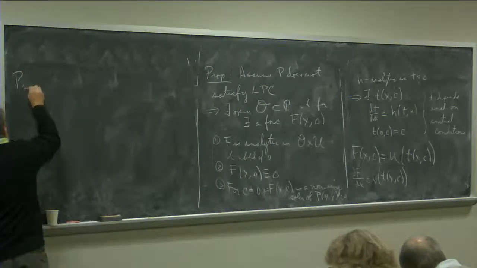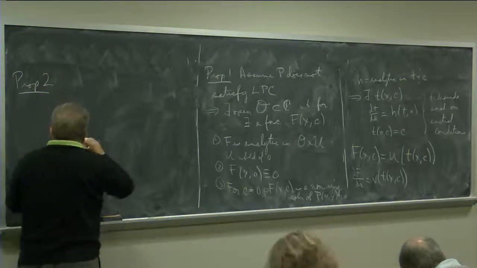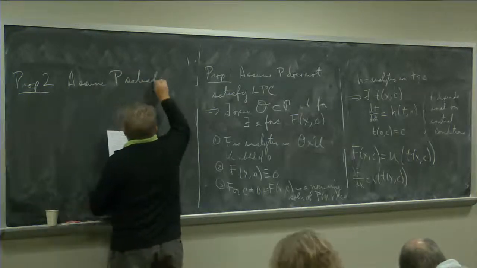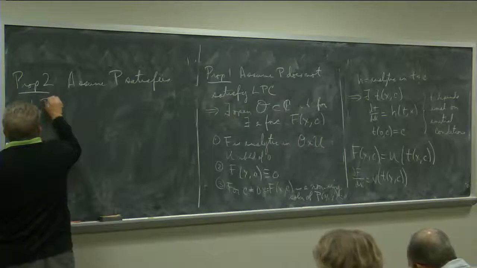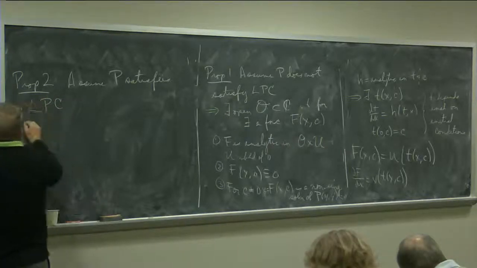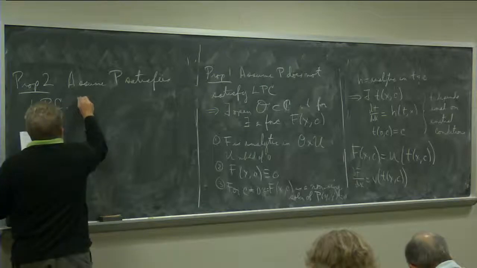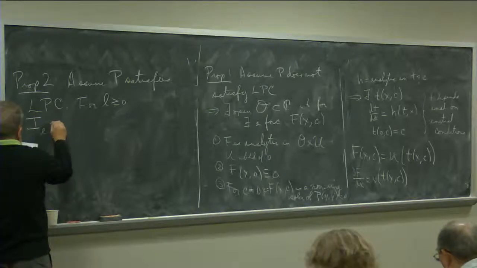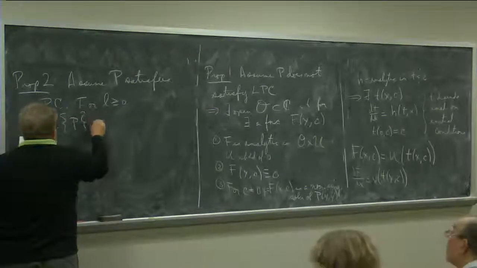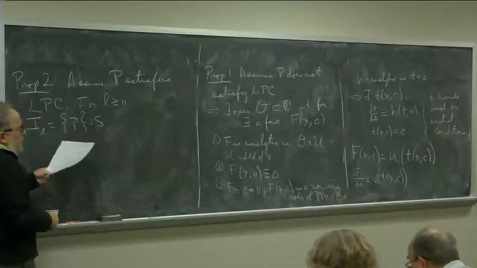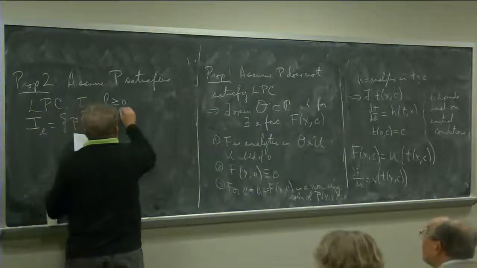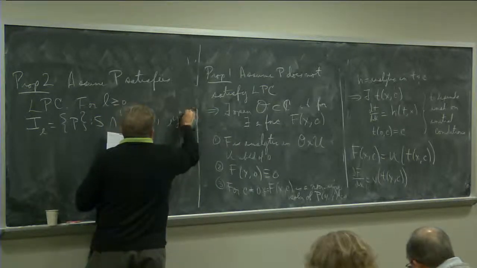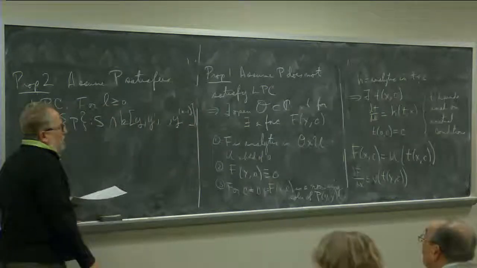So proposition 2 is, I assume it satisfies the low power condition, then for any L bigger than or equal to 0, I want to let I sub L be this differential ideal intersected with the polynomial ring of this.